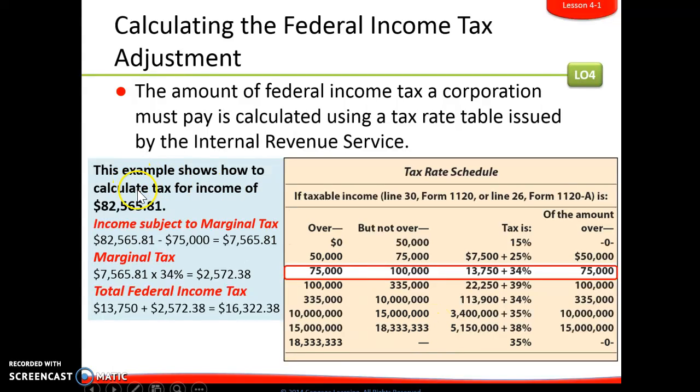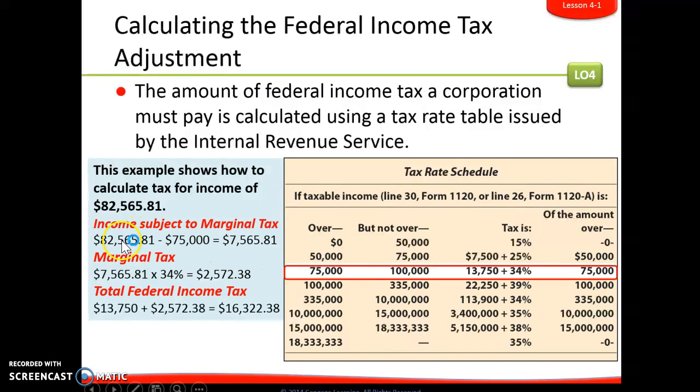It says that this example shows us how to calculate tax for an income of $82,565.81. So what we do is we see that taxable income is more than $75,000, but it's less than $100,000. Okay, so it's showing us here is our tax, $13,750 plus 34% of the amount that's over $75,000.